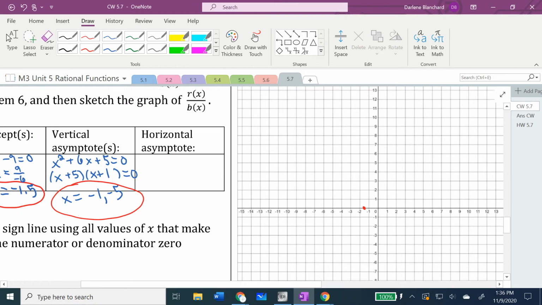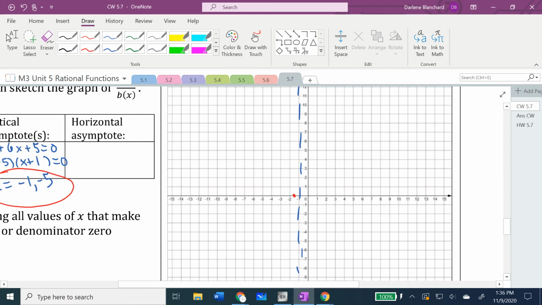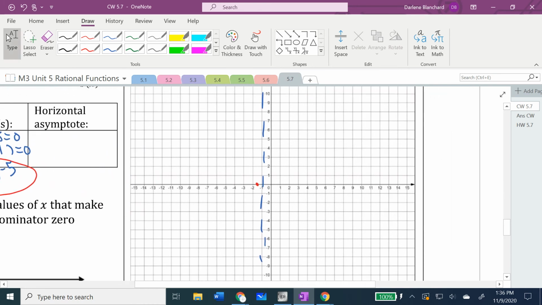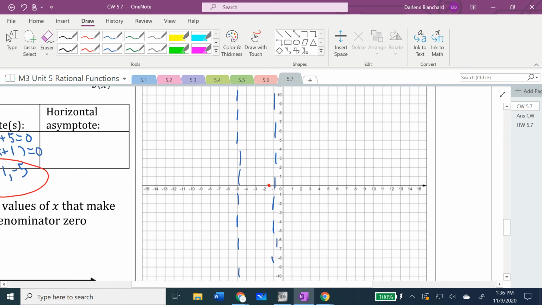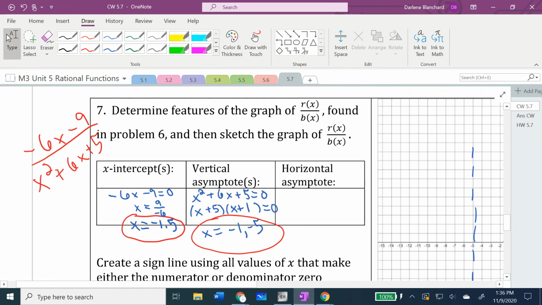So I'm going to draw those. Negative 1 and negative 5. Because the numerator is less degree than the denominator, the horizontal asymptote is y equals 0.